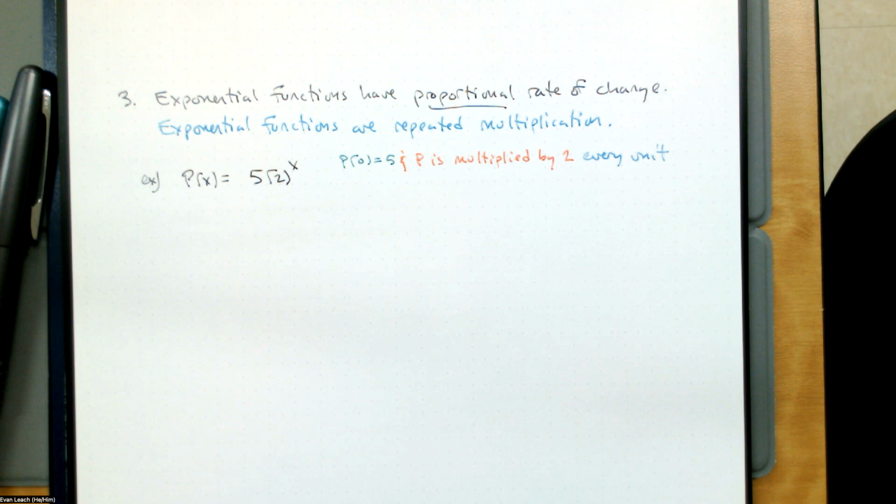That's our sentence describing what's going on in this exponential function. Our description is very similar to that of a linear function, where y is b when x is 0, and y increases by m. We add m every unit. We've traded adding m every unit for multiplying by b every unit, or in this case, multiplying by 2.